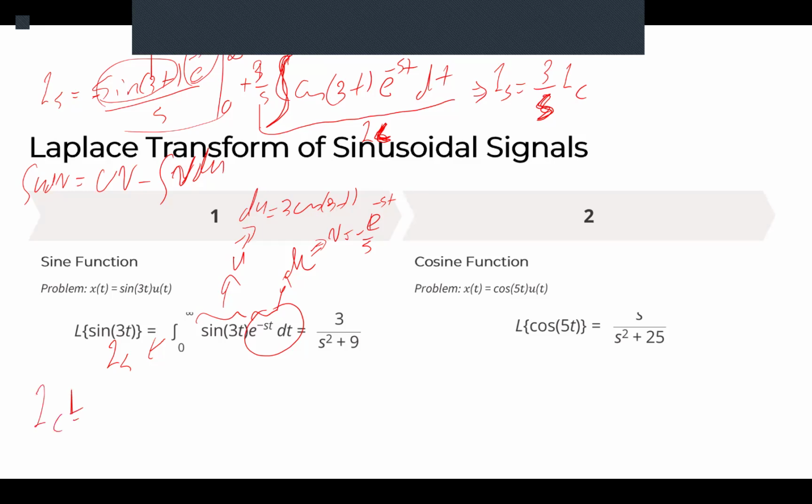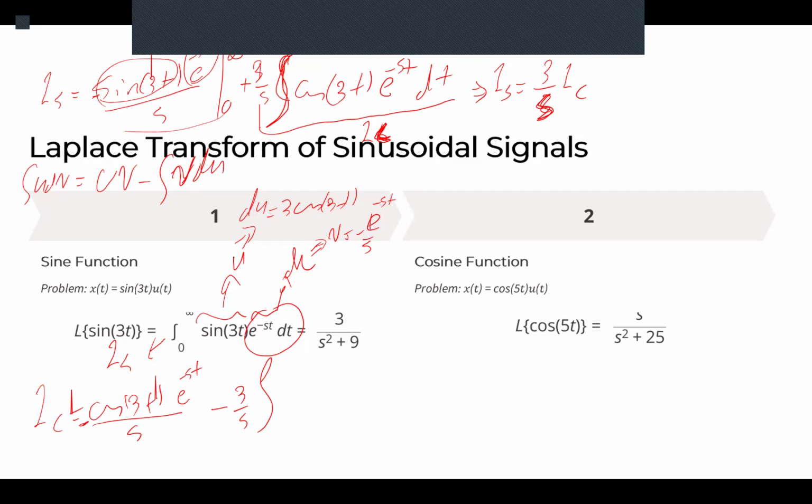IC, again using the u dv rule, would become cosine of 3t, it's actually minus over s, times e to the power of minus st, minus 3 over s.